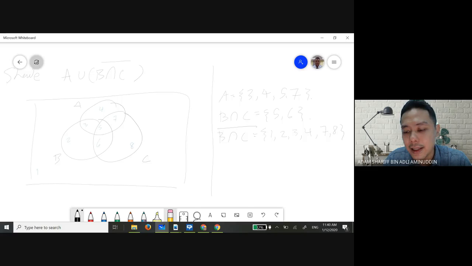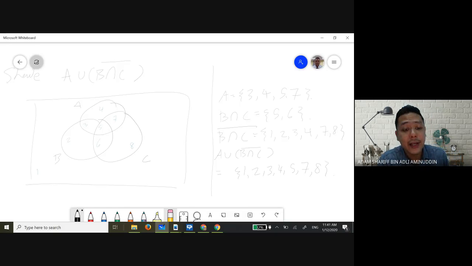Selain 5 dengan 6. So A union B intersect C complement, dia jadilah 1, 2, 3, 4, 5, 7 and also 8.